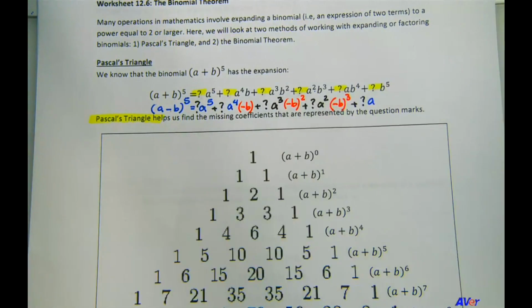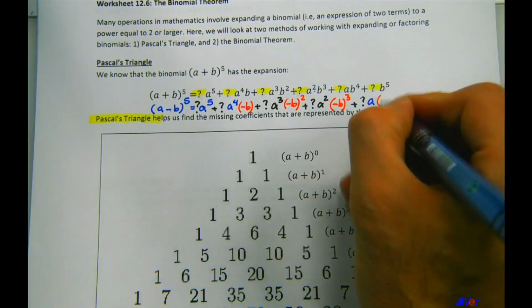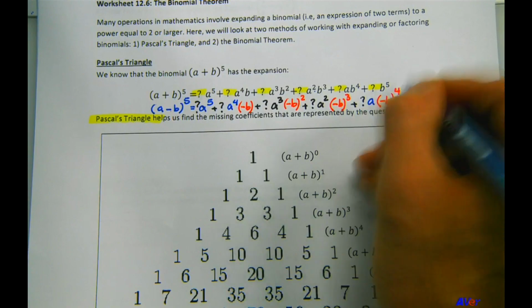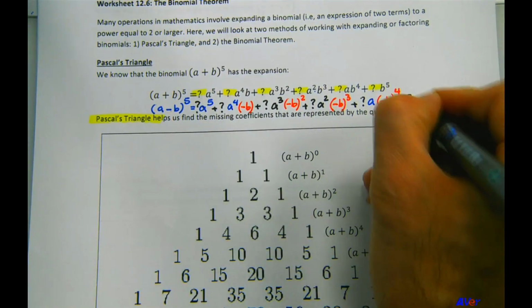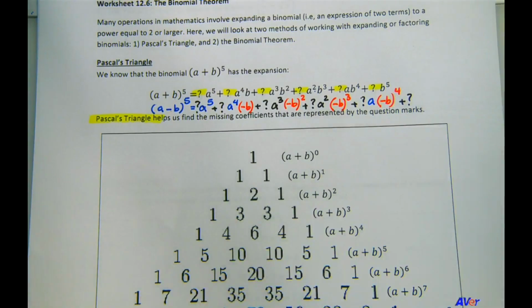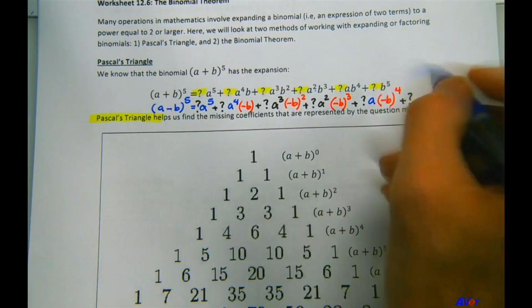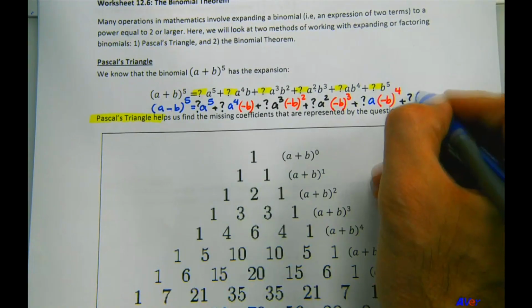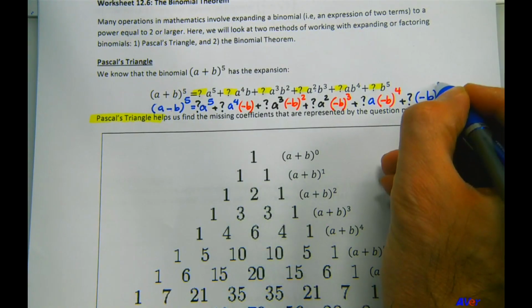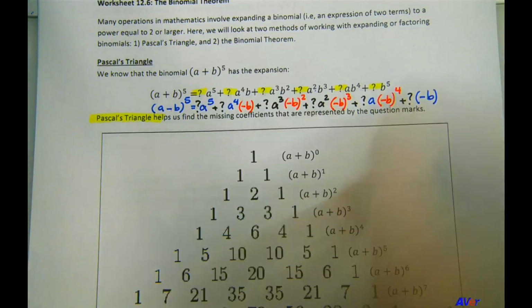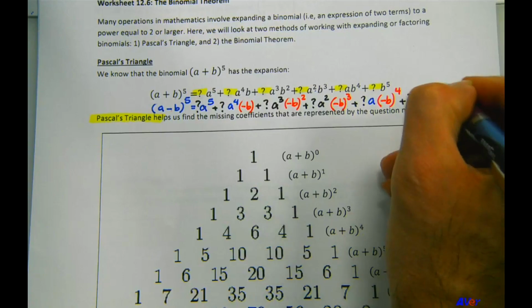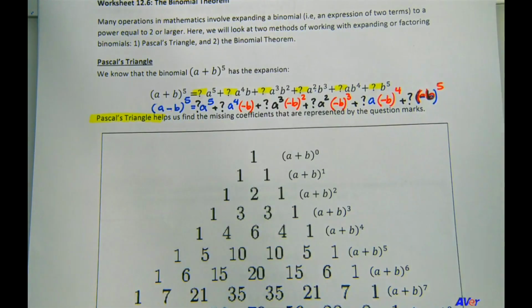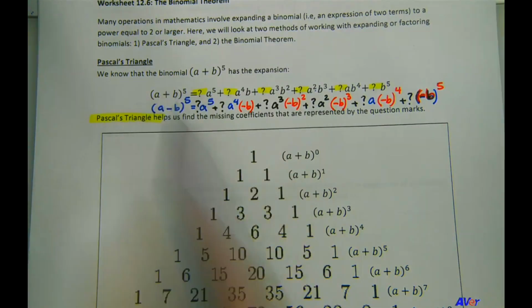We have to be careful about the b. It's going to be minus b to the fourth. Then plus the question mark. And b, instead of b to the fifth, it'll be minus b to the fifth power. I should have written that in red, sorry. Okay? That's the effect of changing from plus to minus.